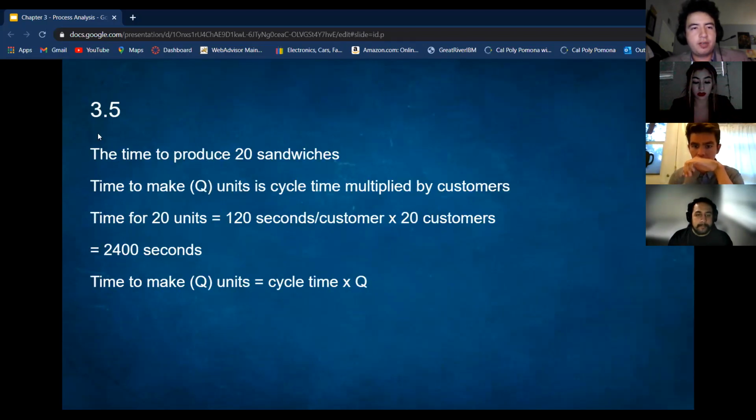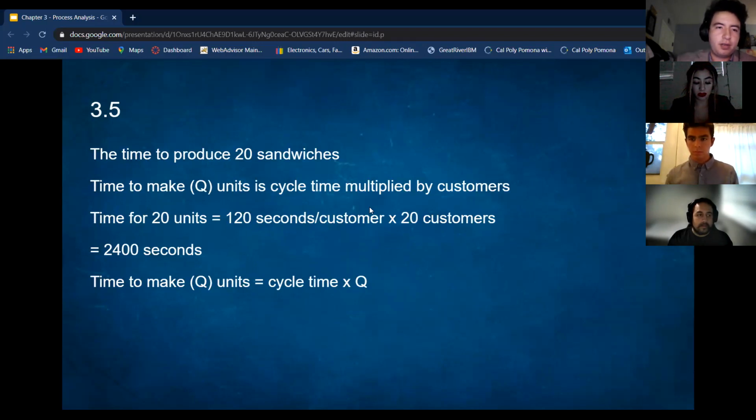And so let's say we're trying to figure out the time to produce 20 sandwiches. So Q will always represent the quantity of units that we want. And so we're going to see right here, the time for 20 units is 120 seconds per customer times 20 customers, and that gives us 2,400 seconds.